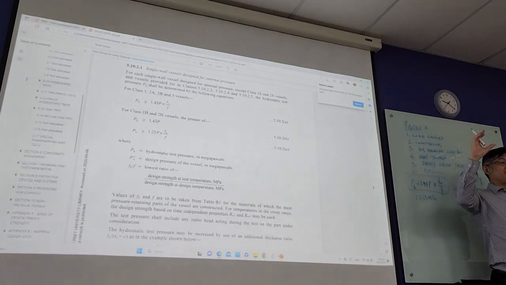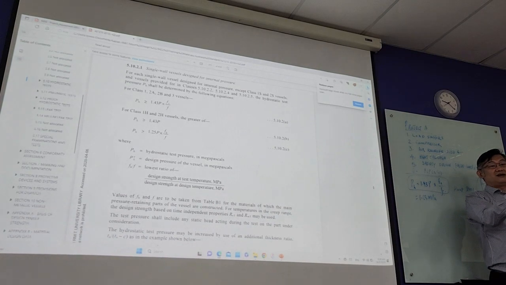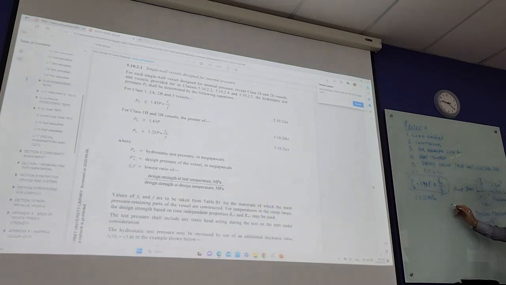This one, question 5, you're talking about calculating the column, right? This column must support the air receiver with water. Right, so you can see this is our air receiver. The column is here, column is here, column is here. So you must include the weight of the receiver, because it is made of steel.